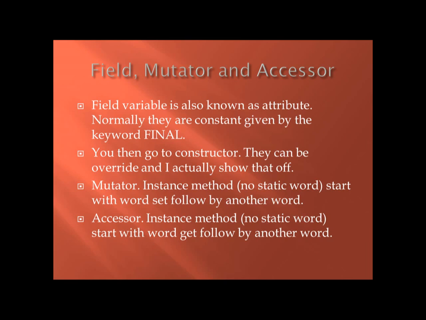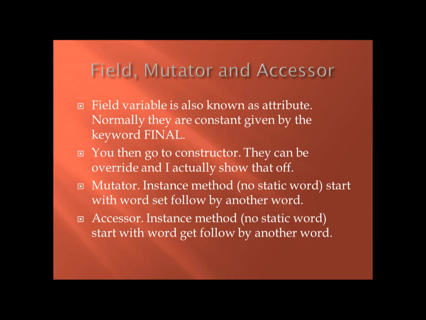You can override, but you can't use the same method. Or you can override provided it has a different type of argument. You can use set number int and set number double, but you can't use set number int twice. You can't use the same one.